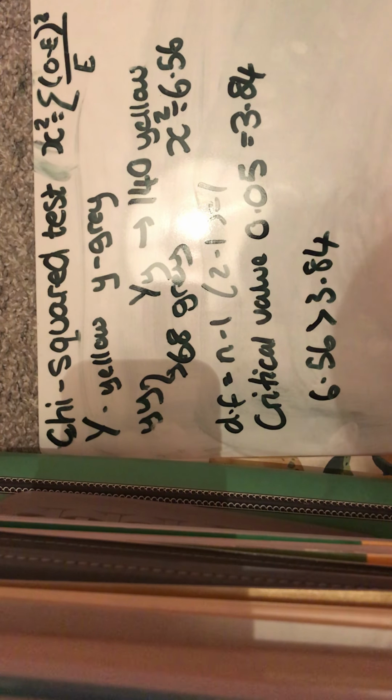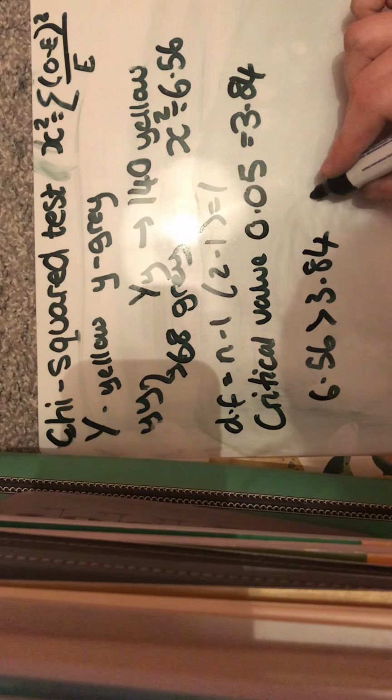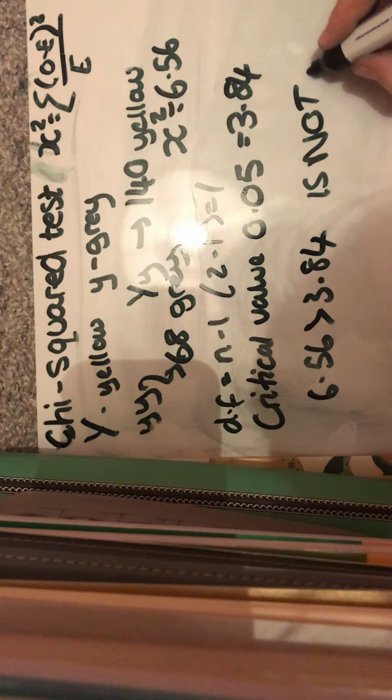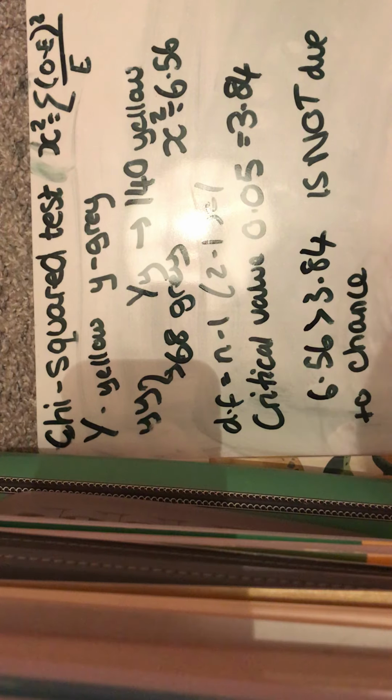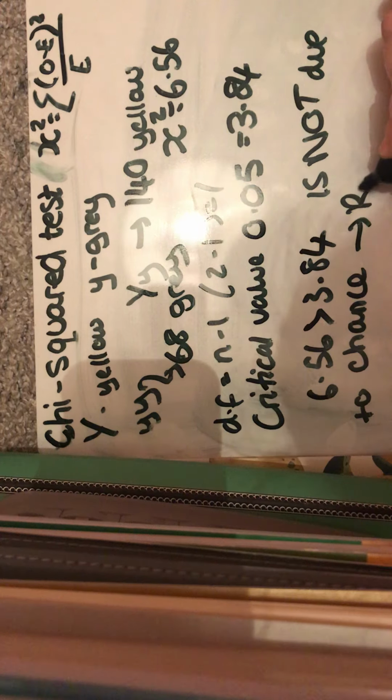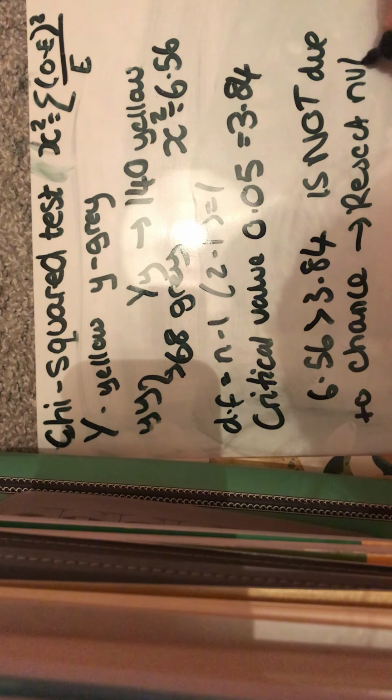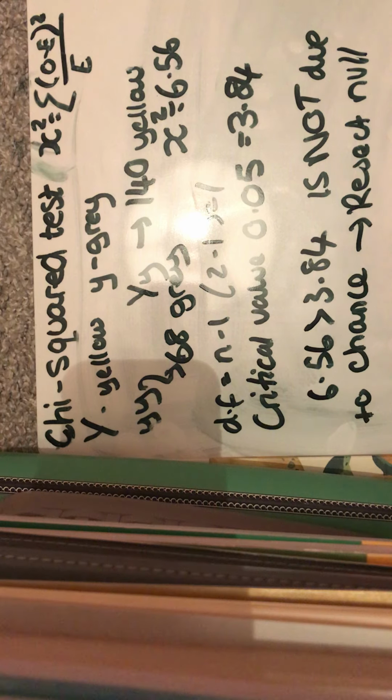Therefore, the difference between the observed and the expected value is not due to chance. So it must be significant, therefore we reject the null hypothesis. The null hypothesis would be that there is no statistically significant difference between the observed and expected data, and any difference is due to chance, but we're rejecting that because it is significant.